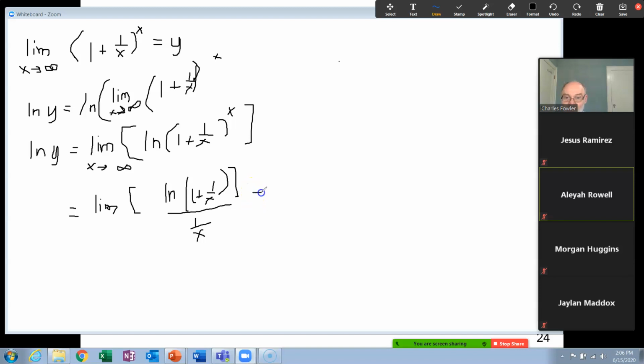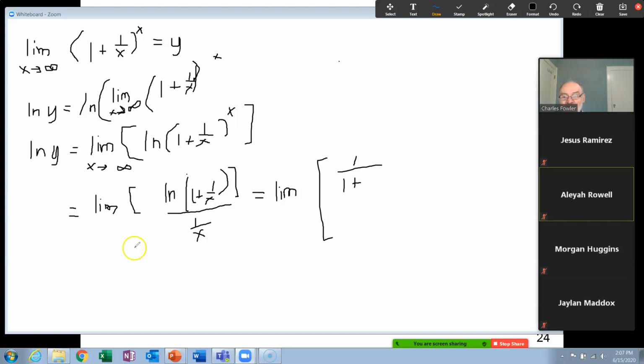Still, as x is going to infinity, don't forget that. I'm just going to write the limit part big like this now. What's the derivative of log of this thing? The derivative of a log is 1 over that thing, so 1 over 1 plus 1 over x.